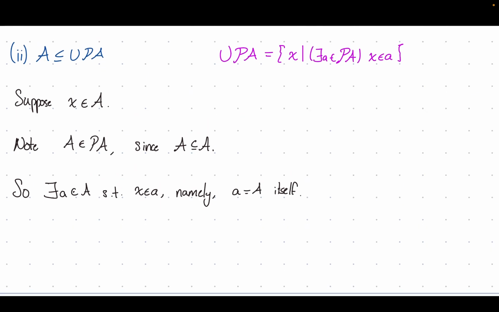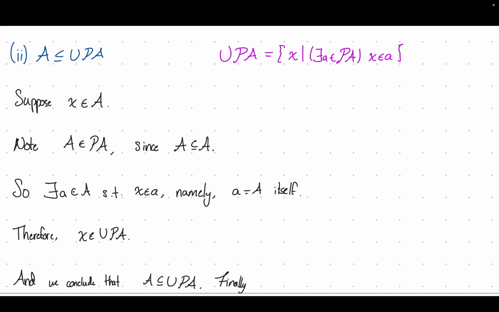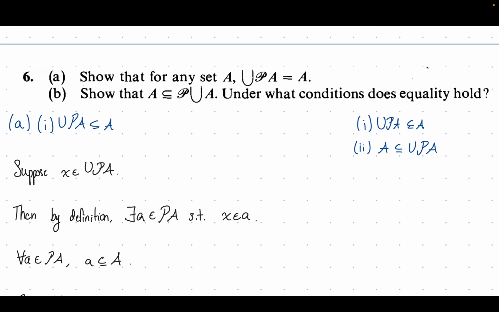Therefore, I can't write capital T's. Therefore, X is in the union of the power set of A, and we conclude that A is a subset of the union of the power set of A. Finally, we get A is equal to the union of the power set of A, as was desired from the get-go.